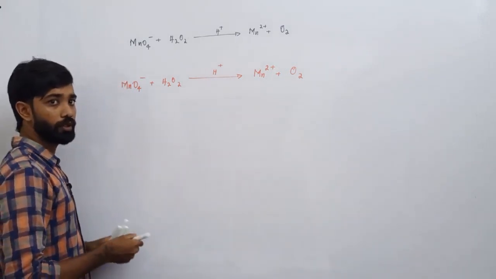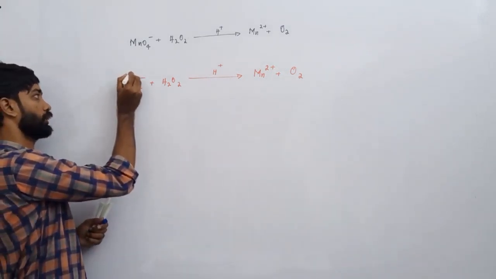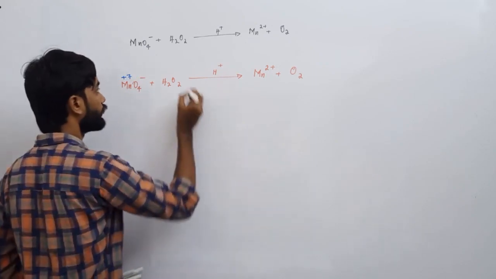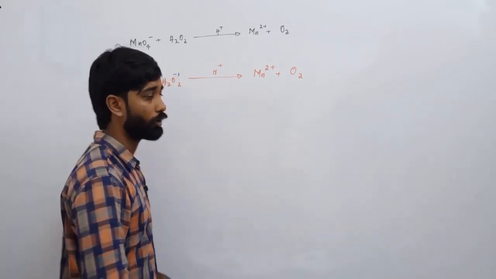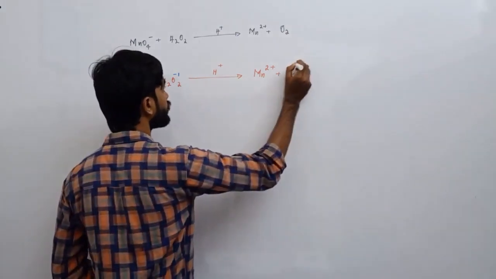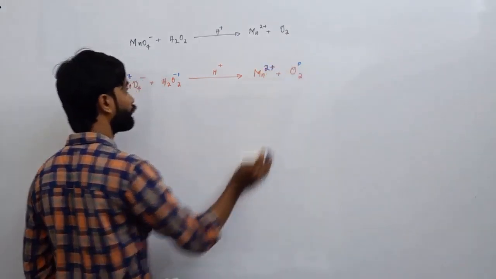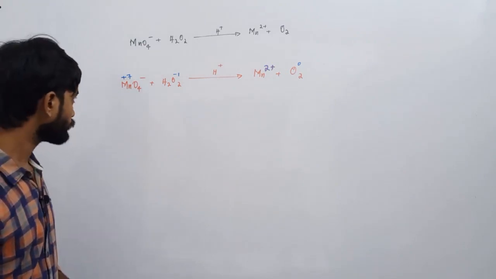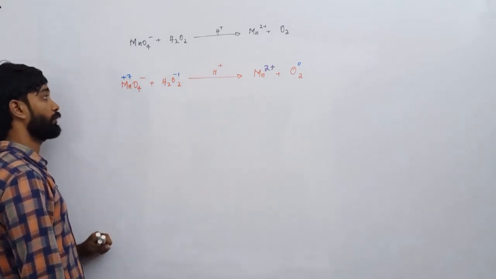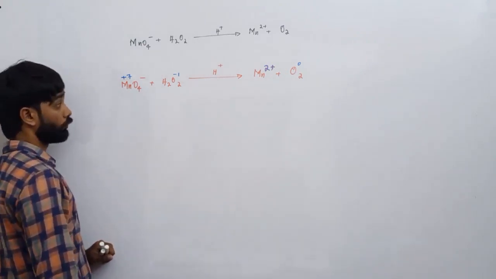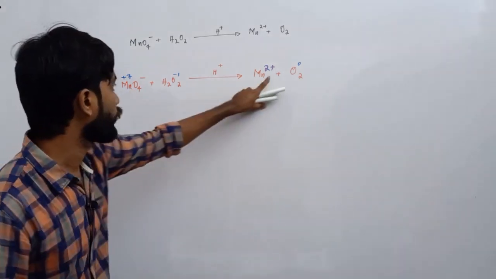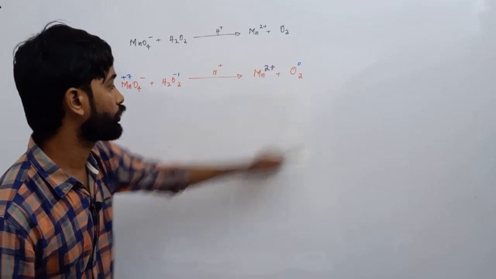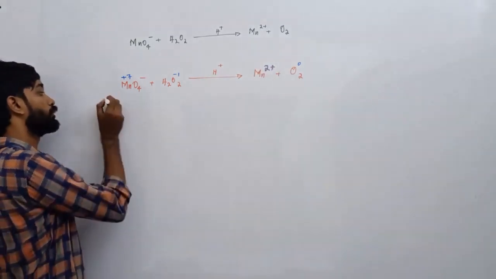Now the elements with a change in oxidation state. The first one is manganese, and in the case of hydrogen peroxide, oxygen will be the other element. Here -1, here 0, and here we have +2. Before that, make the numbers the same: 1 manganese, 1 manganese, 2 oxygen, 2 oxygen, so the numbers are already the same.